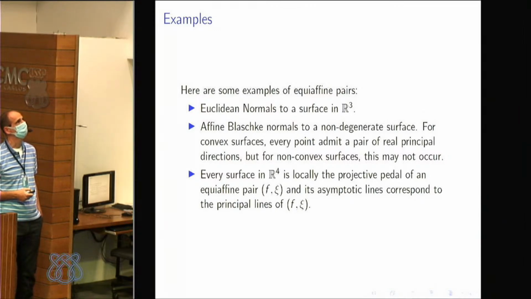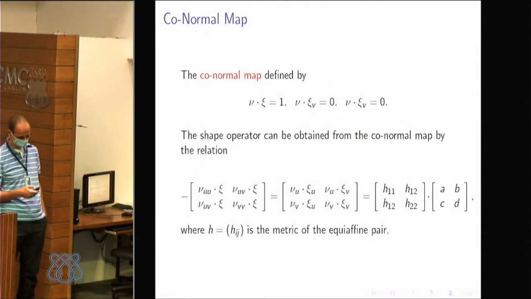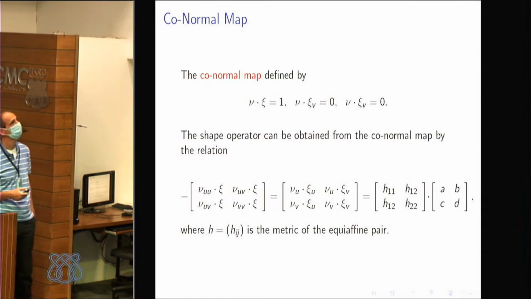Examples of equiaffine pairs: Euclidean normals, affine Blaschke normals, and this is another application of equiaffine pairs, but has nothing to do with the line congruence. When you have an equiaffine pair, you have the conormal map, which is the important object here.